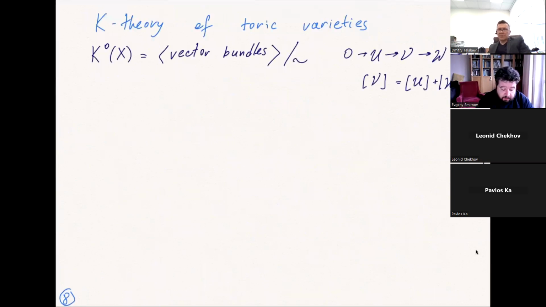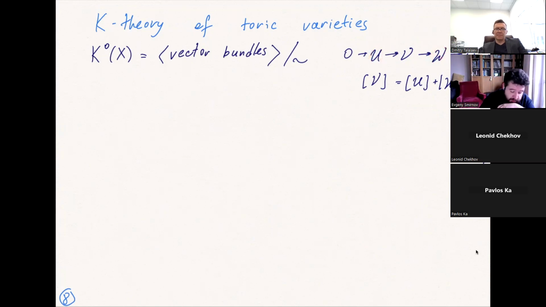Let me take a smooth toric variety. Having a smooth variety, I can define its K upper naught. These are vector bundles on X modulo the following equivalence: if I take a short exact sequence of vector bundles, then the middle term is equal to the sum of the first and the last terms.